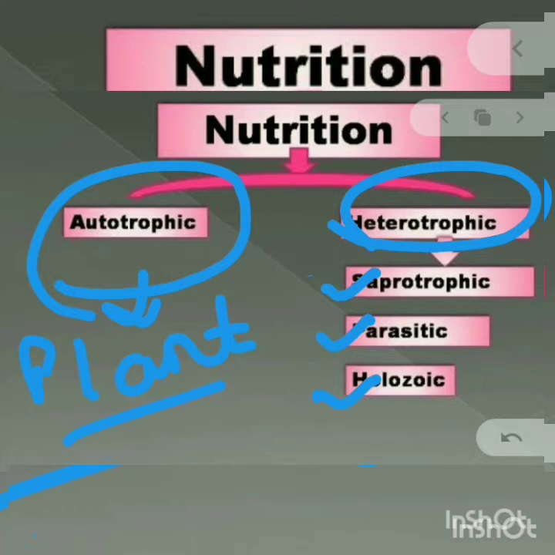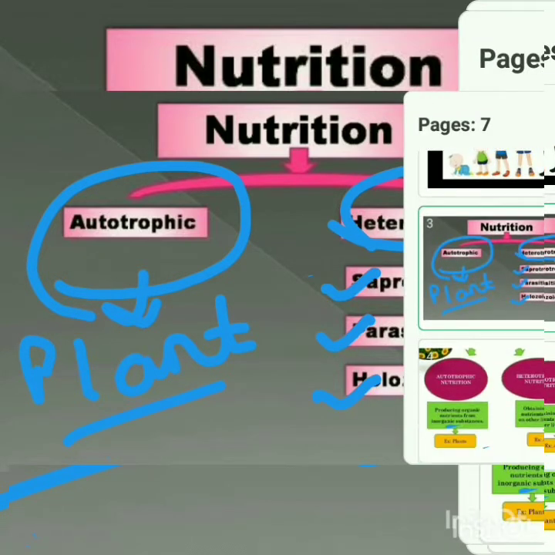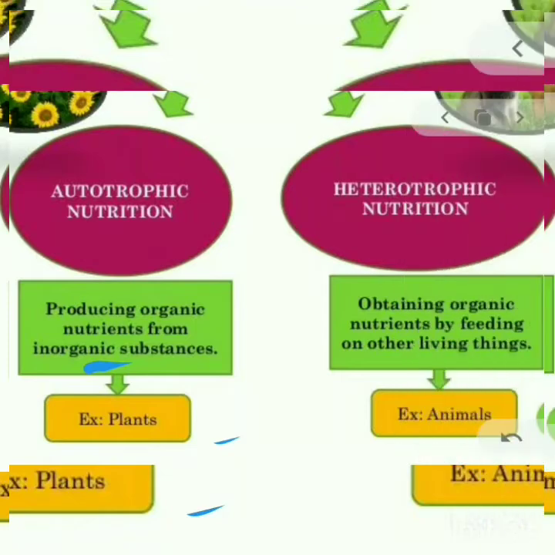Now we will see with the help of this flow chart what is autotroph and heterotroph. Autotrophic nutrition means providing organic nutrient from inorganic substance, that is carbon dioxide and water in the presence of sunlight and chlorophyll give sugar, C6H12O6, plus oxygen.